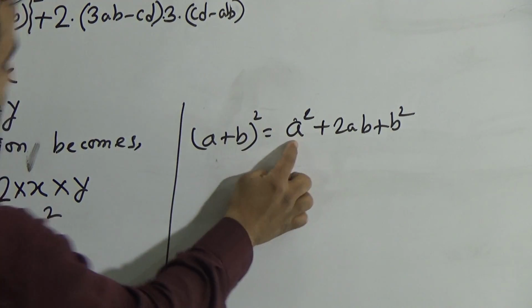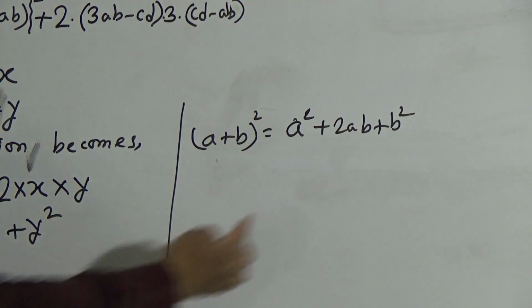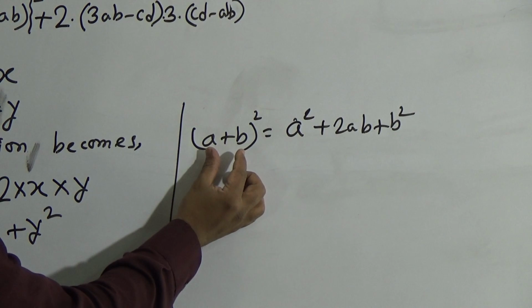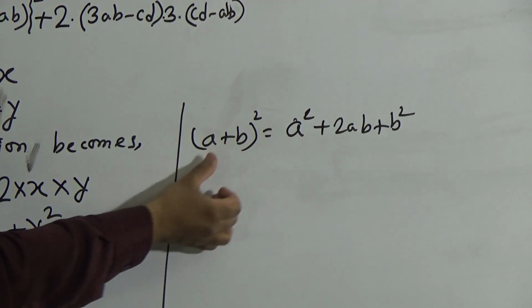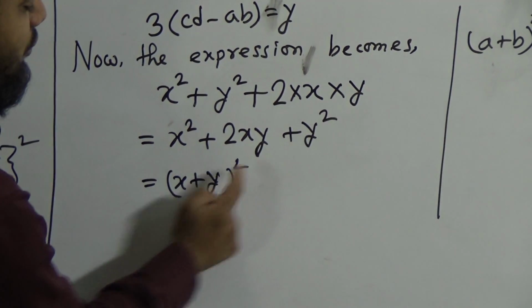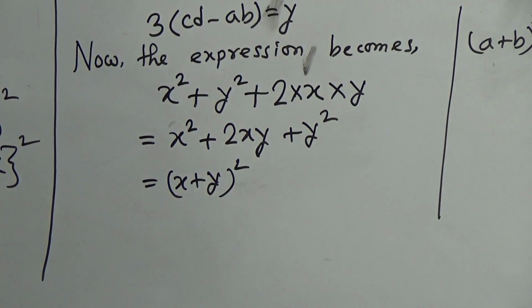In the place of A we have X here, in the place of B we have Y here. That means this is our A square plus twice AB plus B square, and we will write A plus B whole square, that means X plus Y whole square. I hope you have understood.